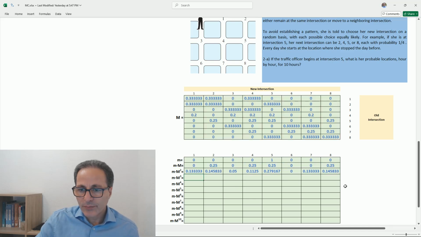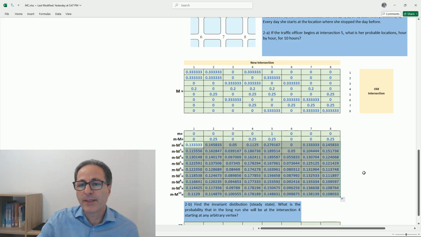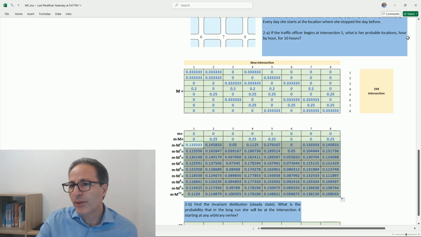Okay. Now I can again select this row and continue up to 10, because it says after 10 hours. After 1 hour she's here, after 2 hours, and then after 10 hours we got these probabilities. And we want to find the probability that after 10 hours, what location is she going to be at?